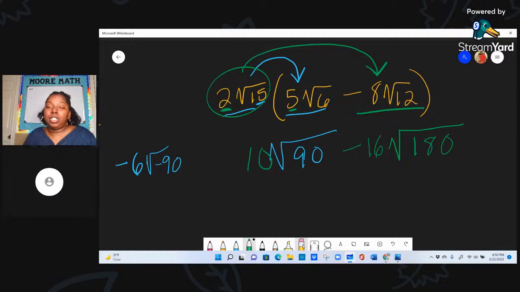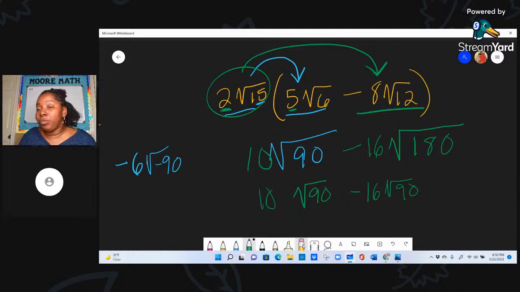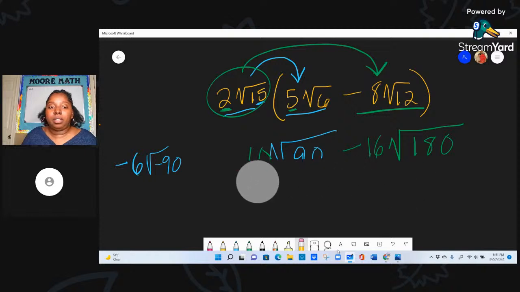Okay, so you can't do that. So remember, when we got to this part before, when you're adding or subtracting, if this said 16 square root of 90, so 10 square root of 90 minus 16 square root of 90, then you can do 10 minus 16, right? But because it doesn't have a 90 on it, you can't combine those two, okay? So you pretty much can leave it like this.